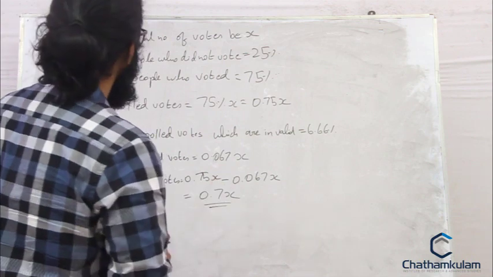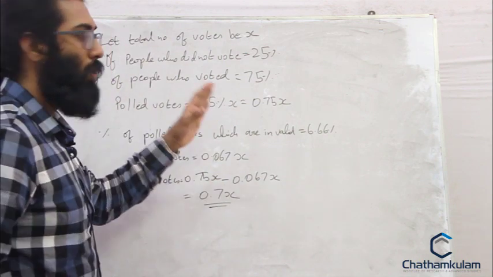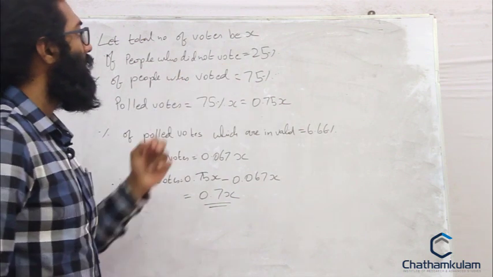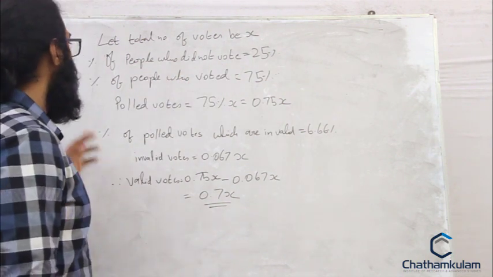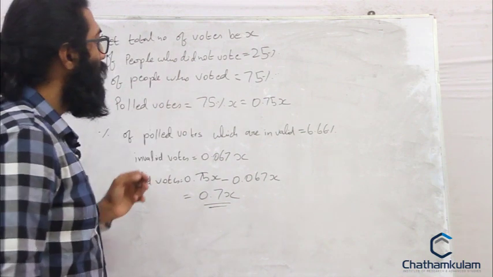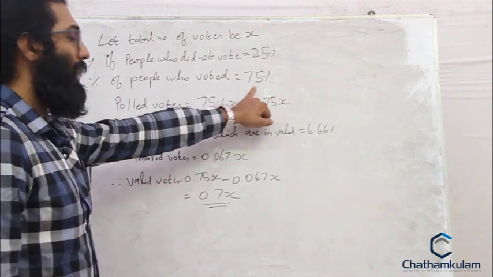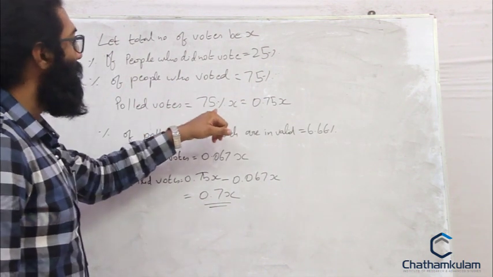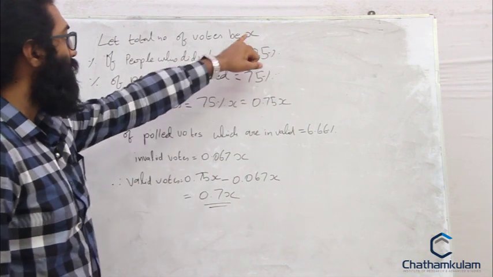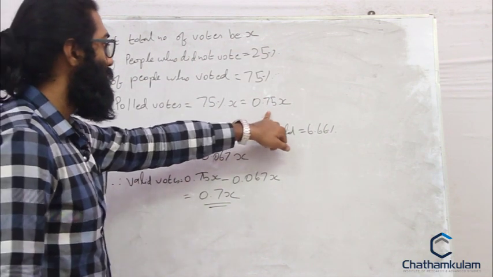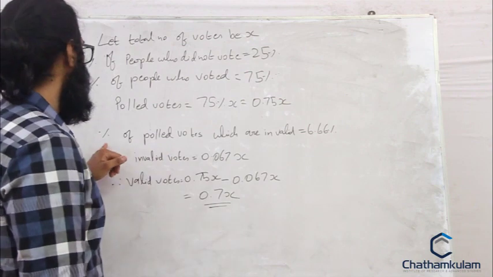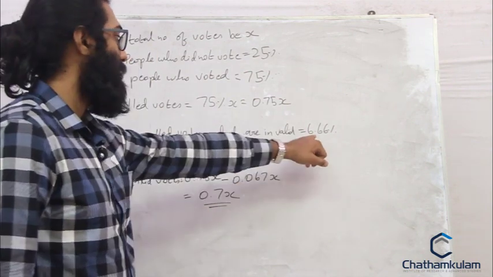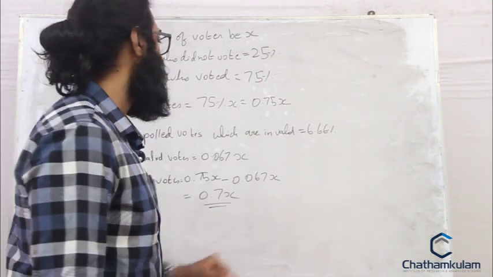So first I will just explain once more. First, let the total number of votes be x. The percentage of people who did not vote is 25%, and therefore the percentage of people who voted will be 75%. Then polled votes will be 75% of x, which is 0.75x. Then the percentage of polled votes which are invalid is 6.66%.